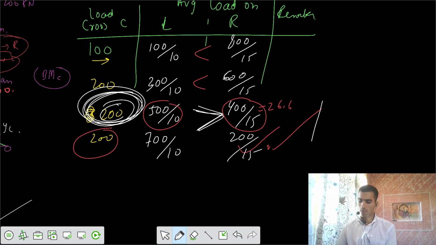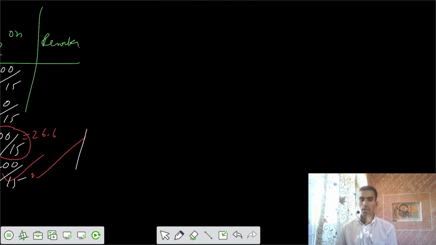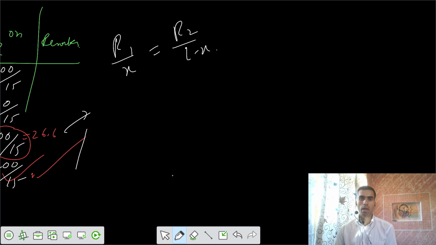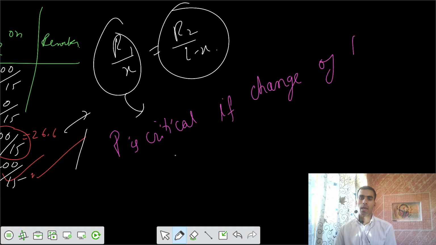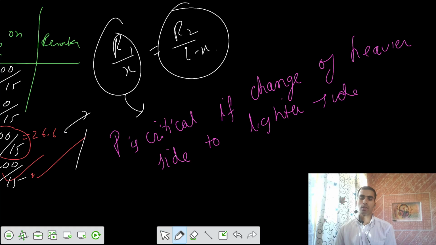So we have one statement: on the change of sign, the average load on the right to the average load on the left, we also call it the critical load. P is critical if the heavier side changes to the lighter side, and vice versa.